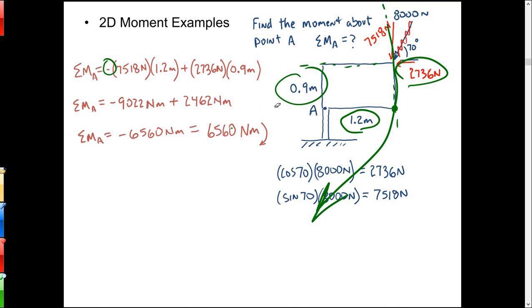So the signs are different. You got to consider that when you sum the two. So it's negative 9022 plus 2462. So the result is negative 6560. And so the net moment there is 6560.